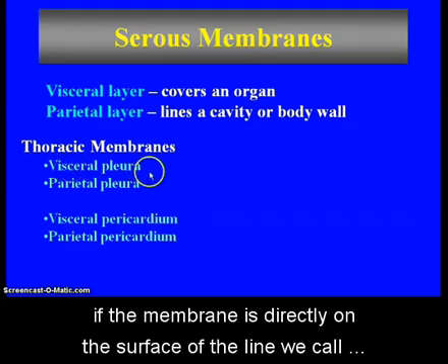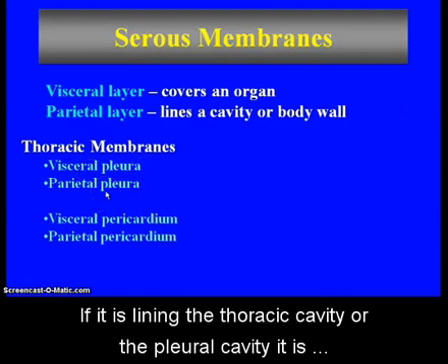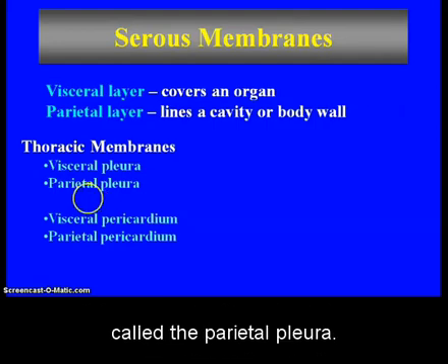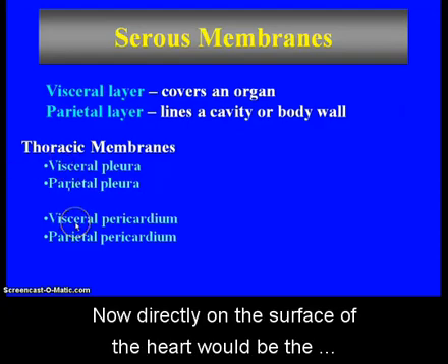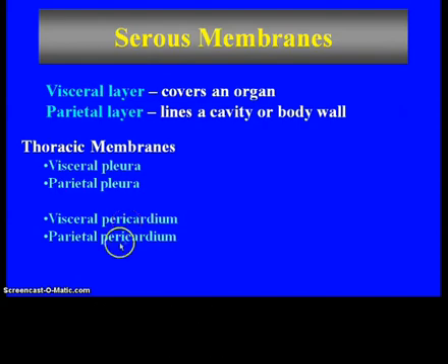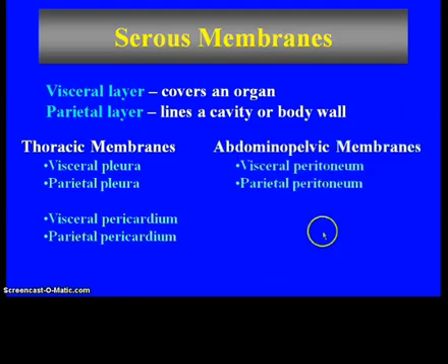So if the membrane is directly on the surface of the lung, we call it the visceral pleura. If it is lining the thoracic cavity or the pleural cavity, it is called the parietal pleura. Now, directly on the surface of the heart would be the visceral pericardium, and lining the cavity that holds the heart would be the parietal pericardium.